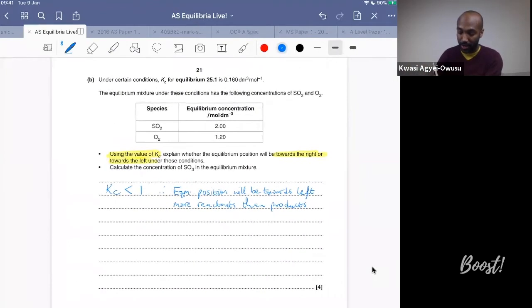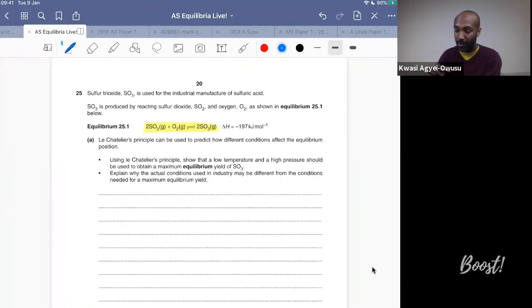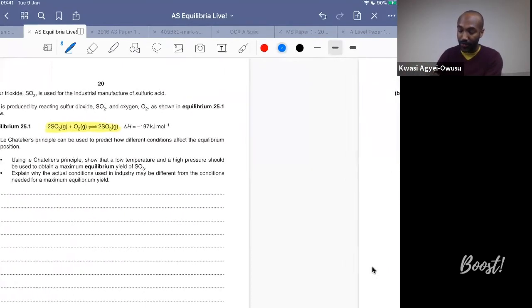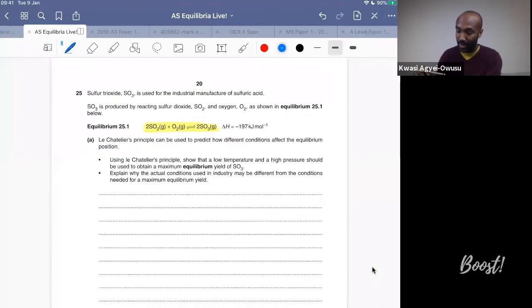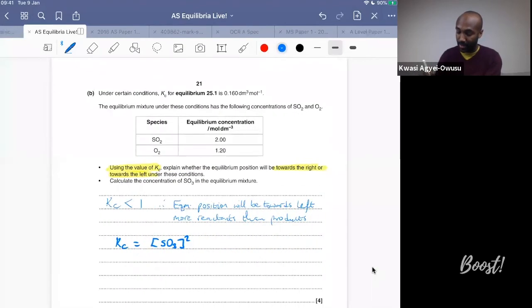Kc is going to be equal to the concentration of SO3 raised to the power 2, divided by the concentration of SO2 raised to the power 2 times the concentration of oxygen. So we need to start off with that expression first of all.